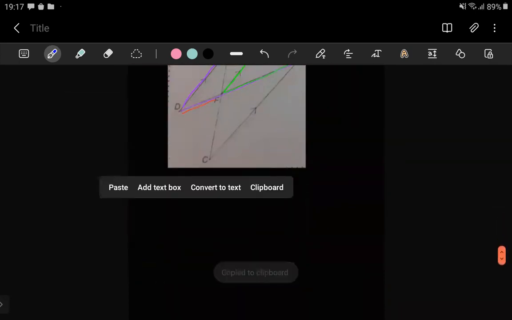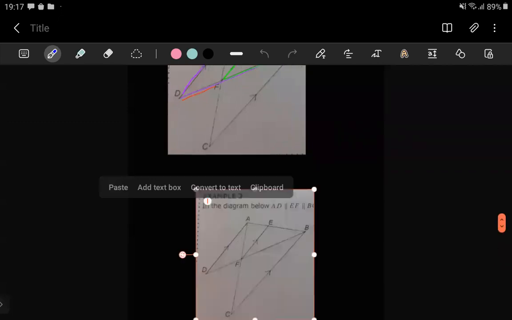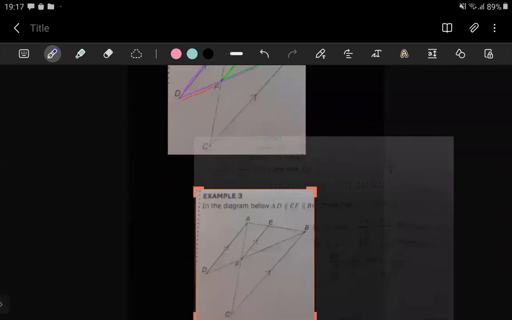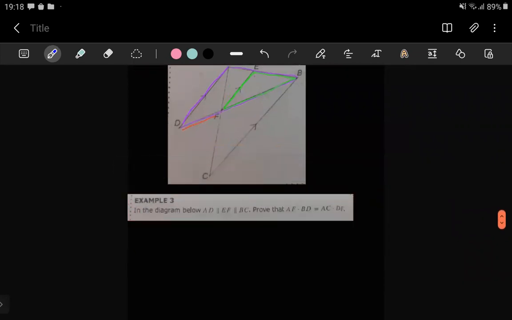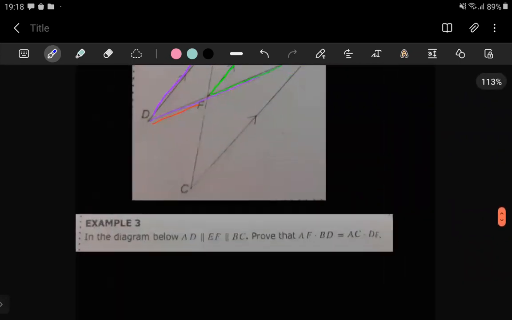So let's see what the question looks like over here. Let me crop this out. Yeah. I just want to see what the question looks like, because if we can see that, we can maybe figure out how to write out our different ratios.